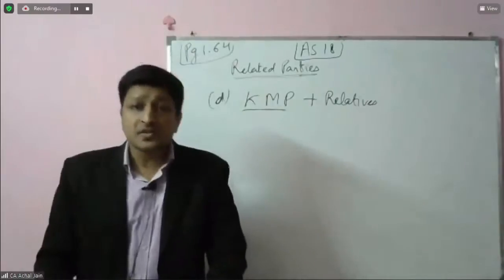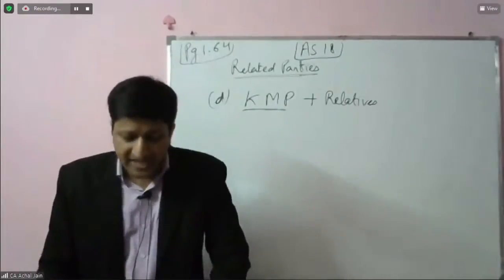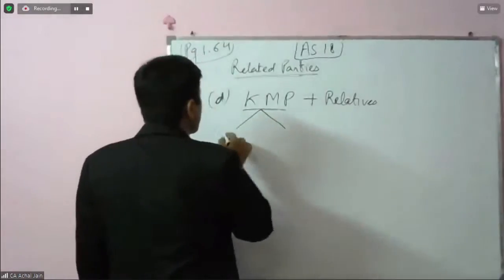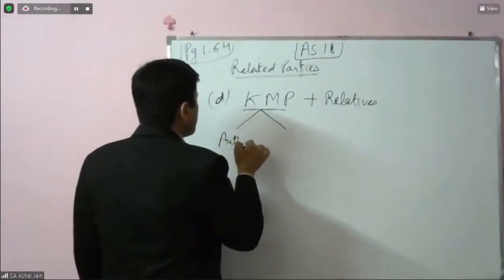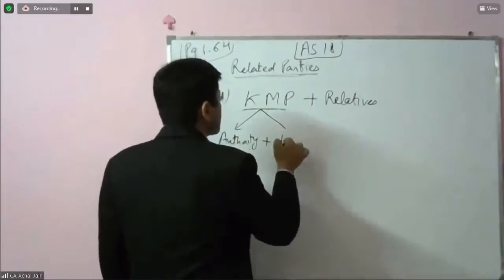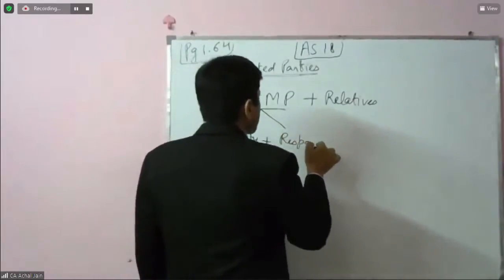KMP means the person who has got the authority as well as responsibility. So this person has got authority plus responsibility.